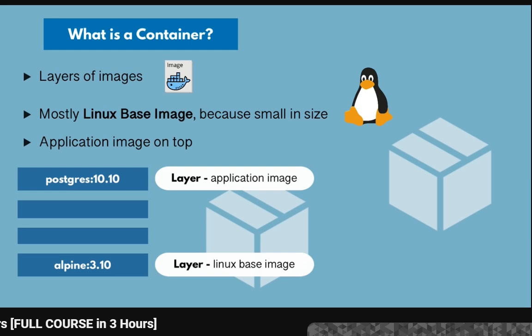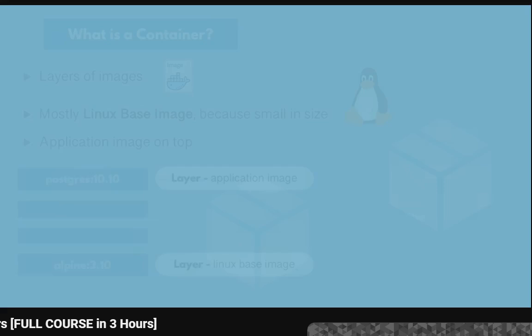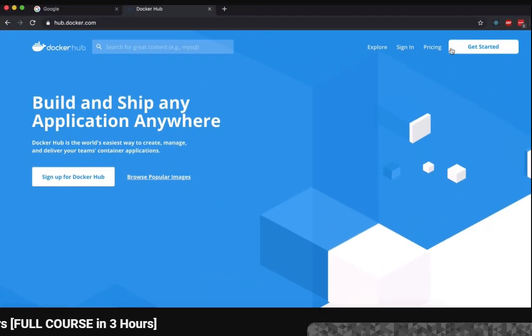So now I think it's time to dive into a practical example of how you can actually use a Docker container and how it looks when you install it, download it and run it on your local machine. So to give you a bit of an idea of how this works, let's head over to Docker Hub and search for PostgreSQL.